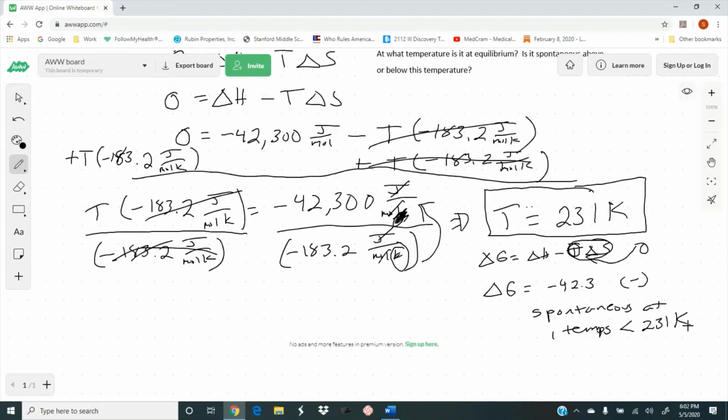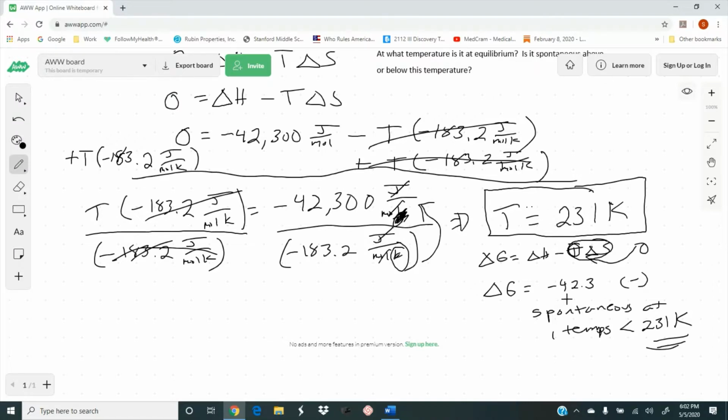Now at 0, it's kind of an extreme case, but below 231, they're all going to be negative. Above 231, they're all going to be positive. So whatever the sign is at 0, that's going to be your spontaneity at any temperature below that temperature.